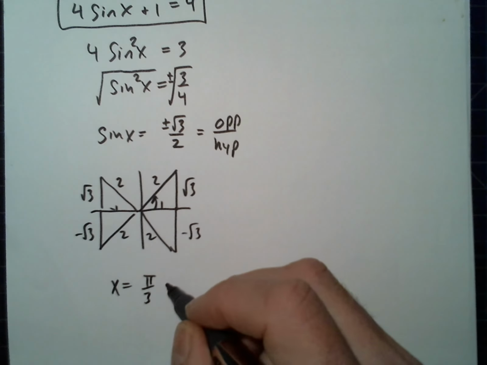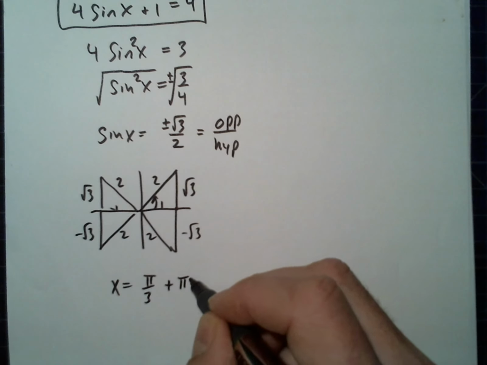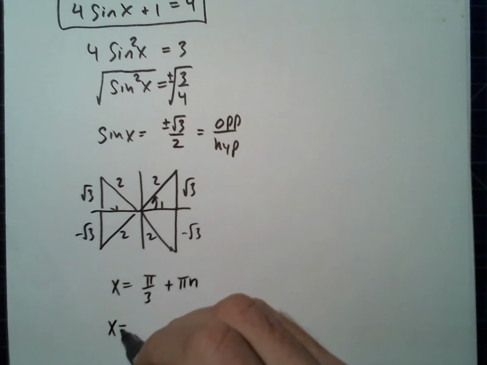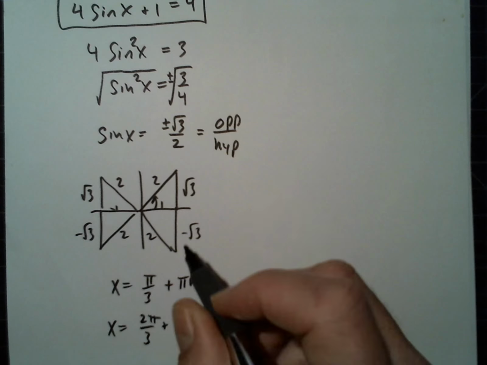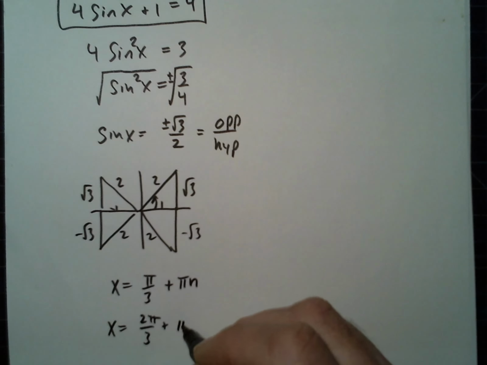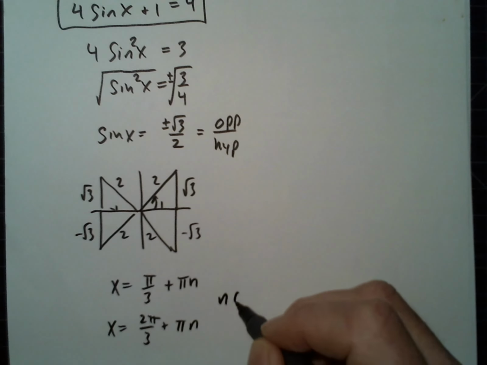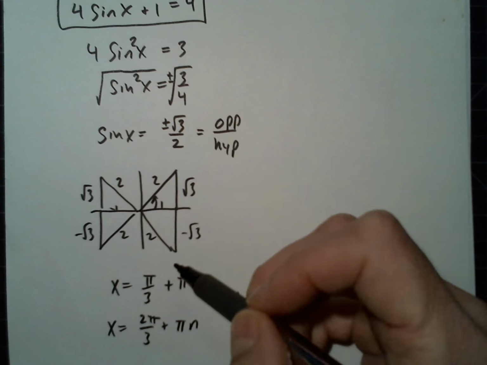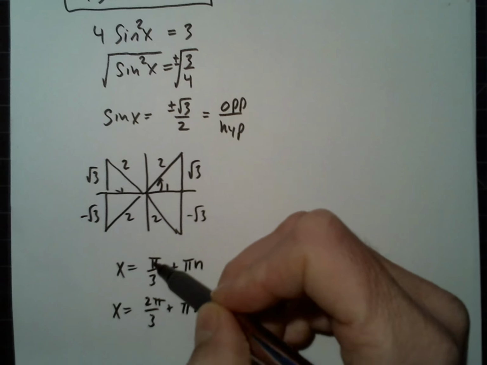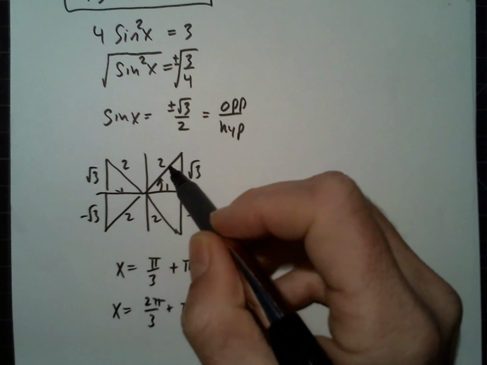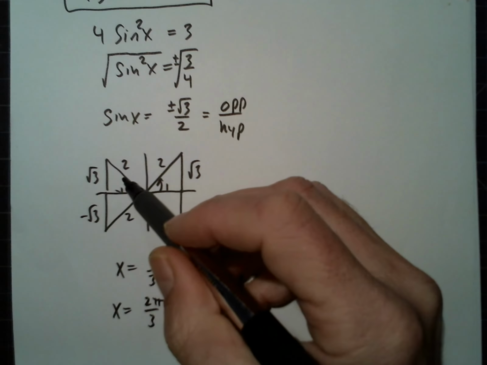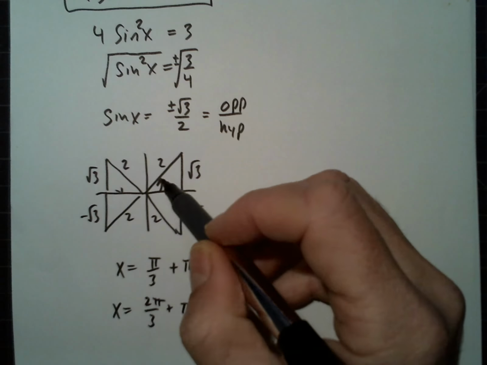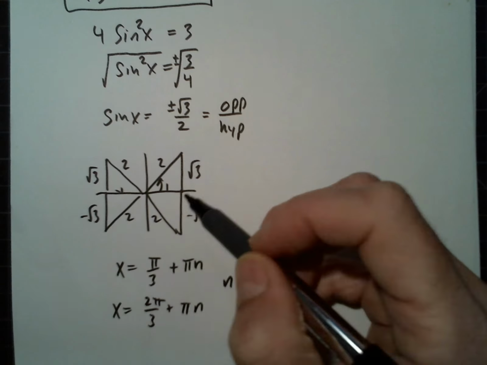So a shortcut for this would be, instead of 2 pi in, let's just add pi in. And at 2 pi over 3, we'll add pi in, where n is an integer. So if we start at pi over 3, we can add pi, add pi, add pi, and we'll keep hitting these angles. If we start at 2 pi over 3, we add pi, add pi, add pi.